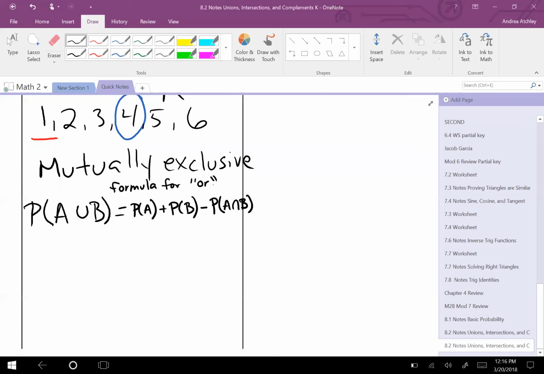So what this means in regards to our problem now, the probability of 1 or 4 should equal the probability of choosing a 1 plus the probability of choosing a 4, subtracting the probability of me choosing 1 and 4.